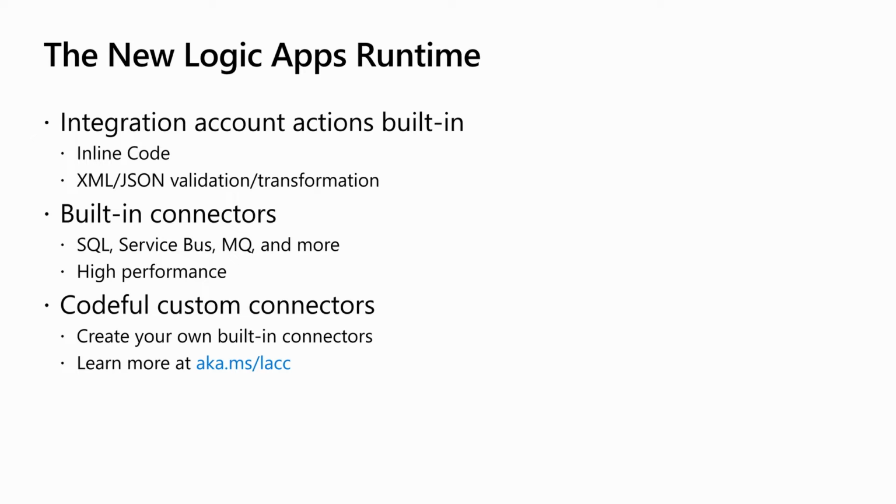Examples of such connectors include SQL, Service Bus, and MQ, and we'll be adding more to the list as time goes by. But it's not just for us. You, as a customer, can now also build custom connectors in a codeful fashion and have them run alongside the runtime. We have a detailed write-up on how you can do it yourself, so be sure to check it out.